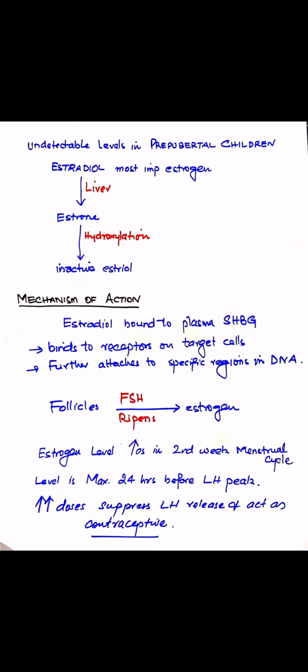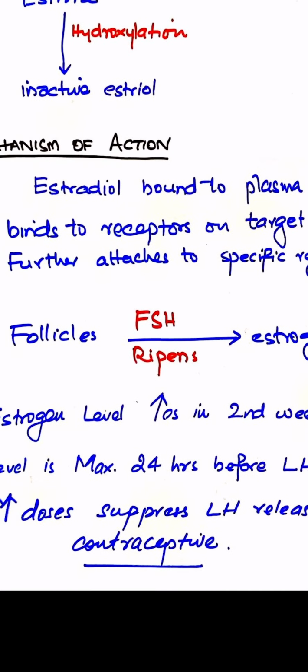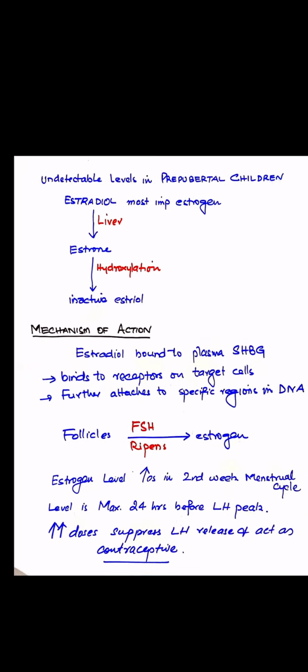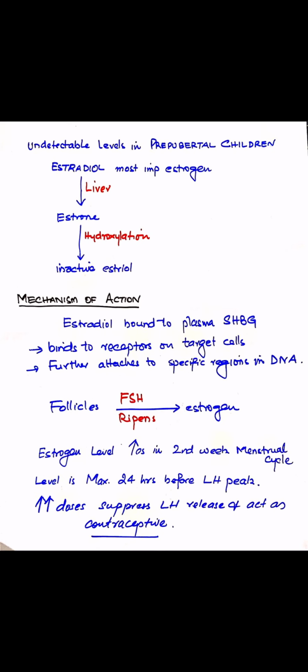Follicles under the effect of FSH ripen and they produce estrogen. So, estrogen level increases in the second week of the menstrual cycle. The level is maximum 24 hours before the LH peak, and increased doses suppress LH release and act as a contraceptive.